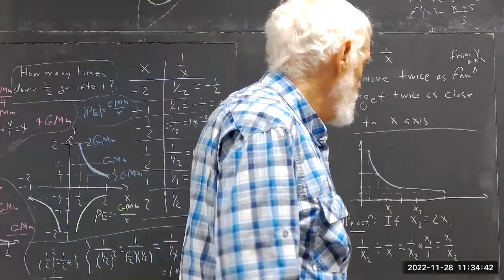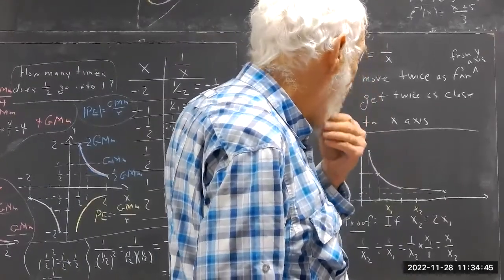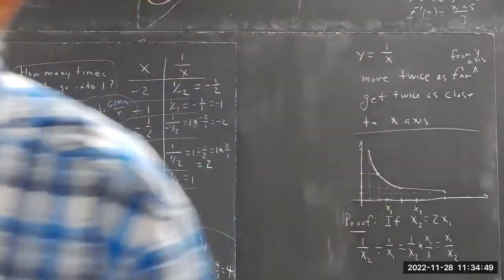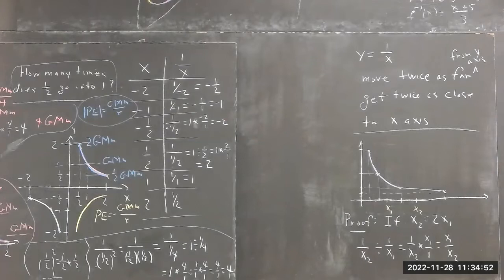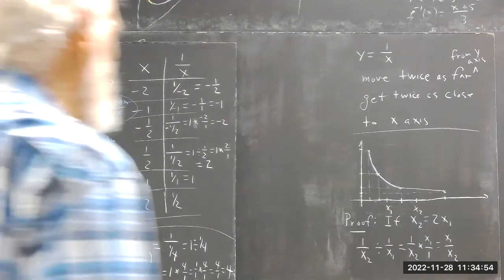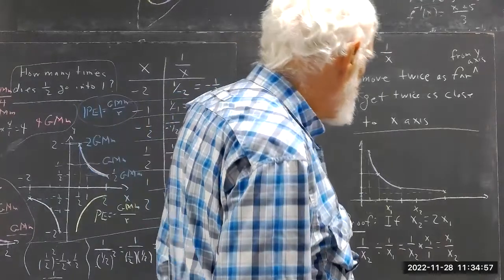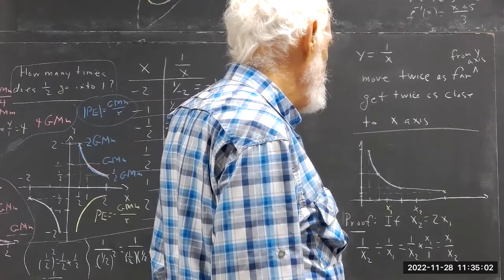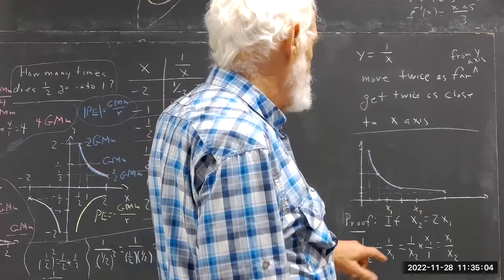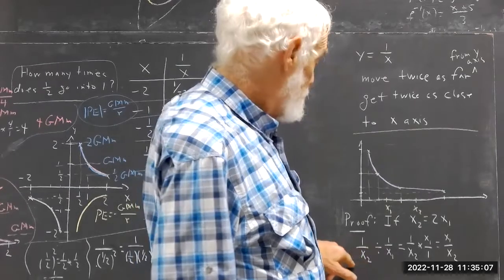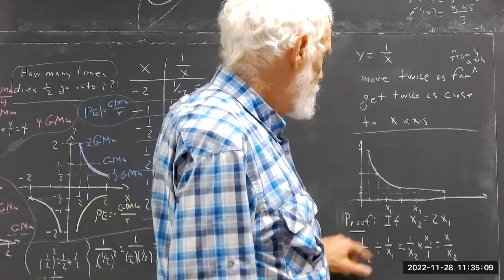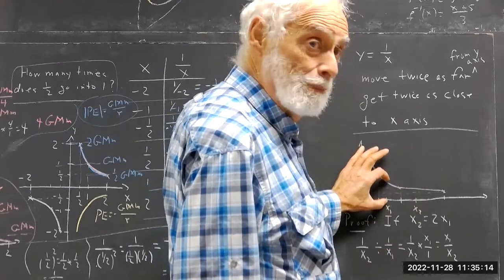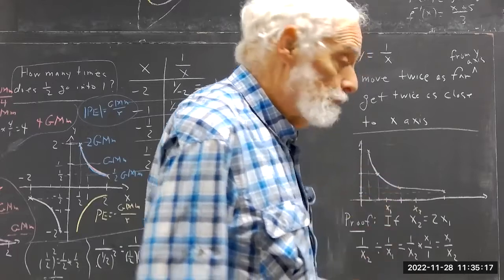So now my question is, if we divide 1 over x2, which is this, by 1 over x1, which is this, what are we going to get?